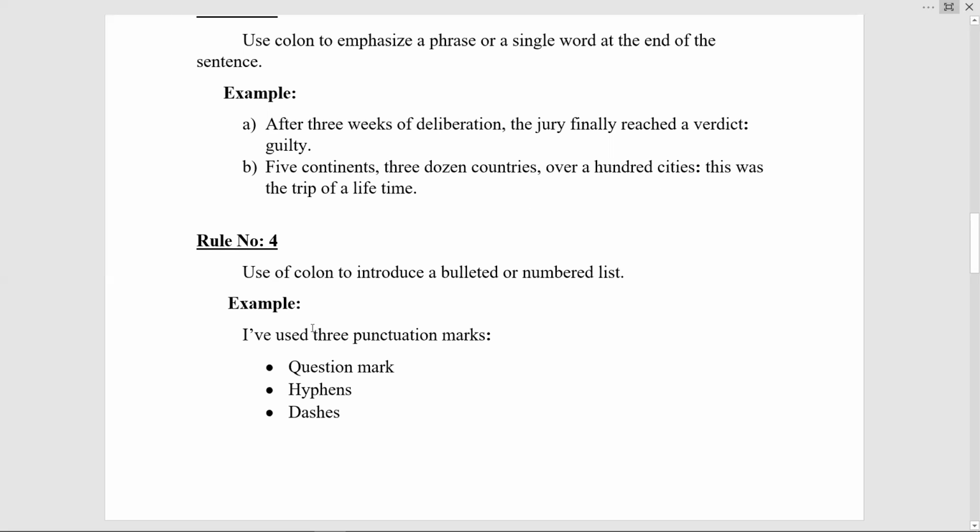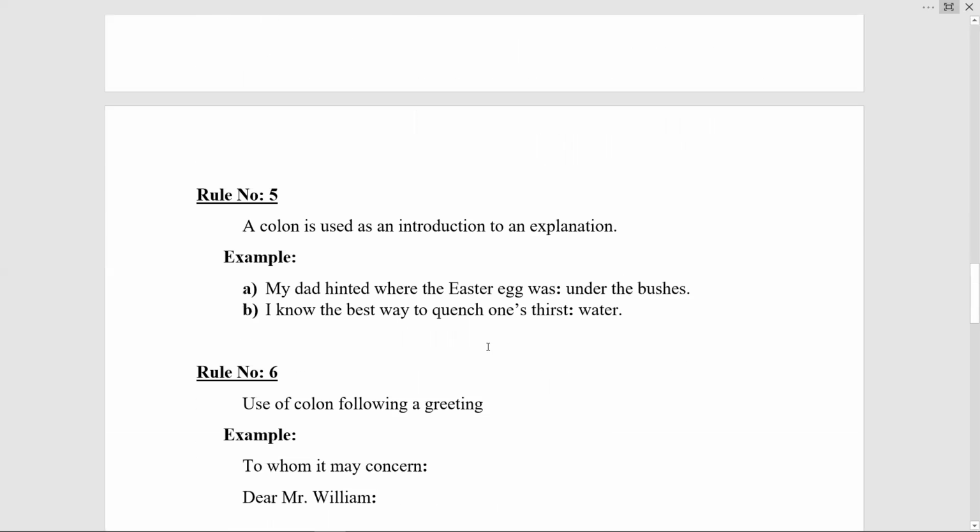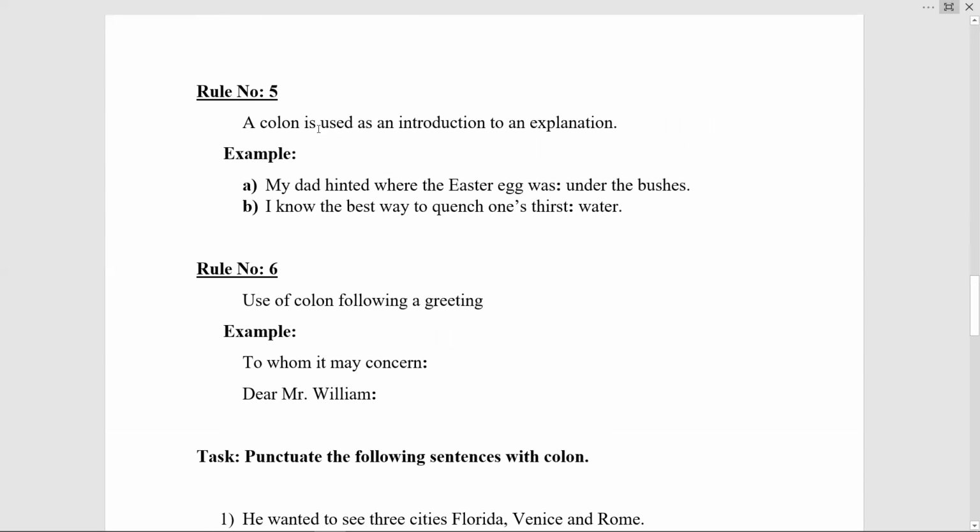Another rule: use a colon to introduce a bulleted or numbered list. For example, I have used 3 punctuation marks: question mark, hyphens, dashes. Before giving this list, the writer has put a colon. Rule number 5: a colon is used as an introduction to an explanation. So whenever an explanation has to be given, a colon is used.